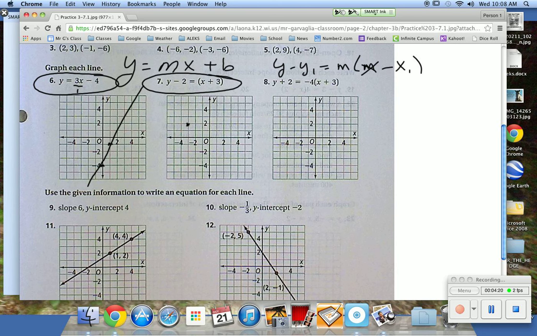What's our slope in this one? It's 1. We don't show it here, but there's a 1 out front of this, which would mean it's 1 over 1, 1 over 1 up. All right, there's our line.